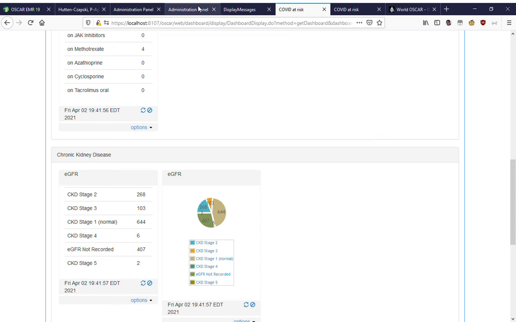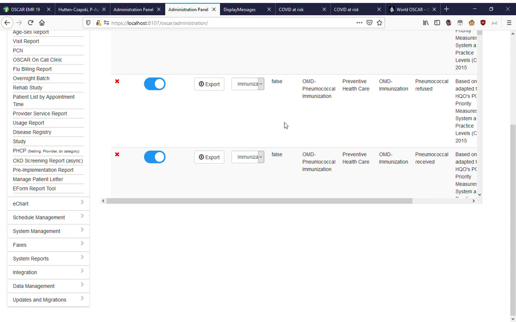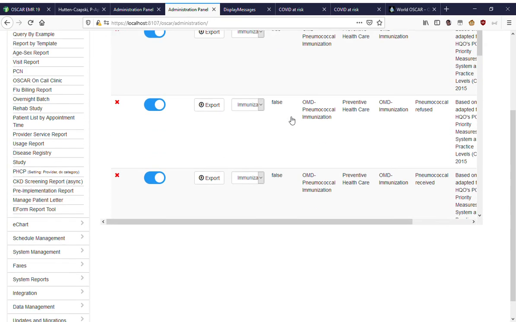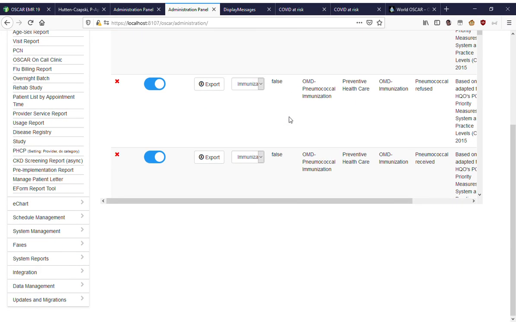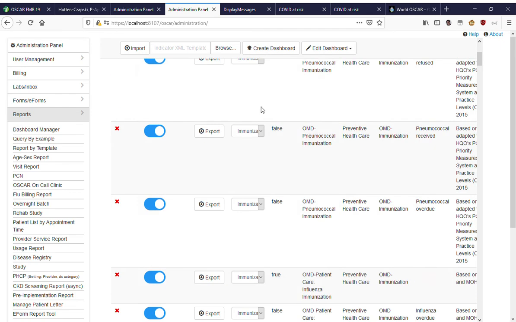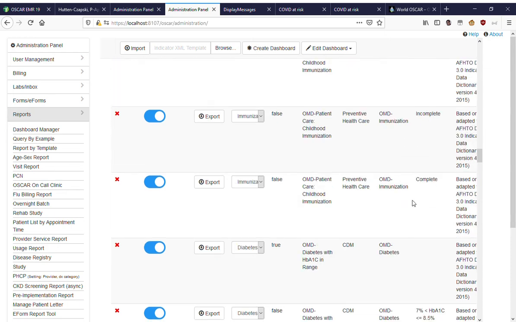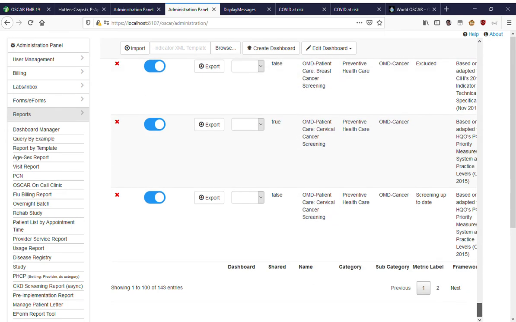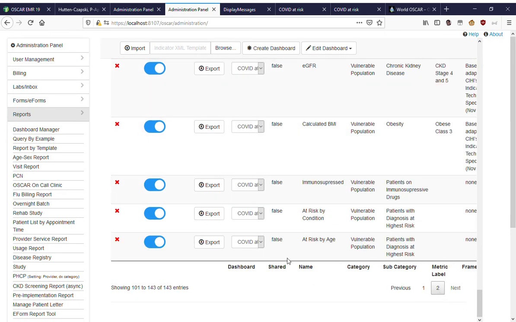Now if we remember back to this panel, where are we here? Let's see, just get the last category here. Okay, so at risk by age. I'm just trying to find this indicator because it's being sanitized. At risk by age.